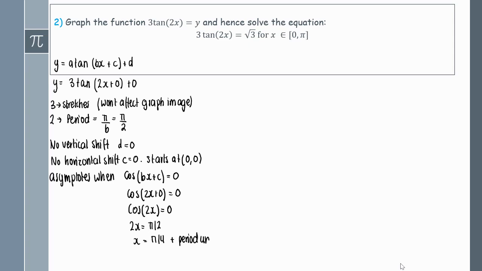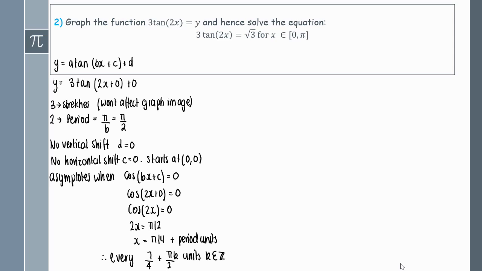So if I have 2x equals pi on 2, I just rearrange it and I get x equals pi on 4 units. So every pi on 4 plus the period units, because remember those asymptotes will repeat periodically, and my period is pi on 2.